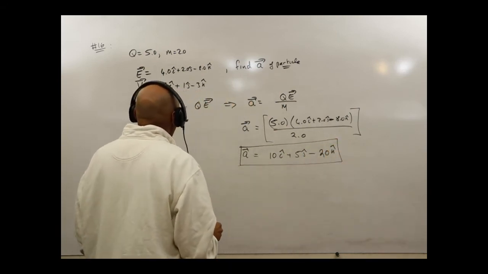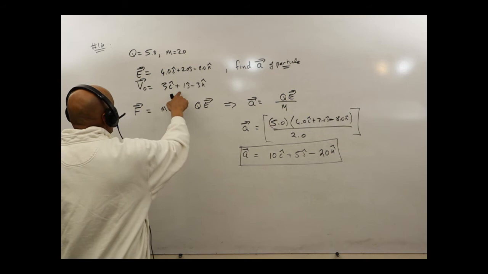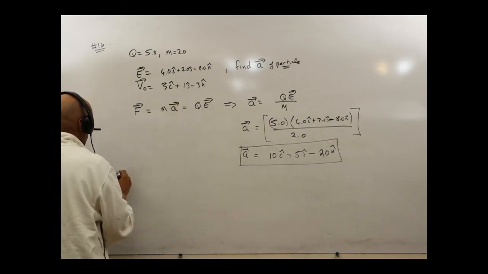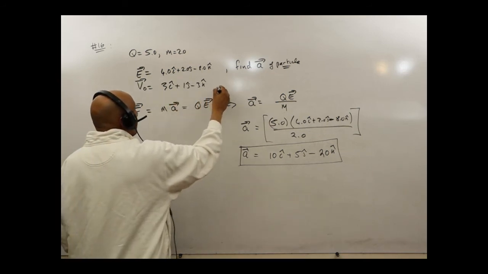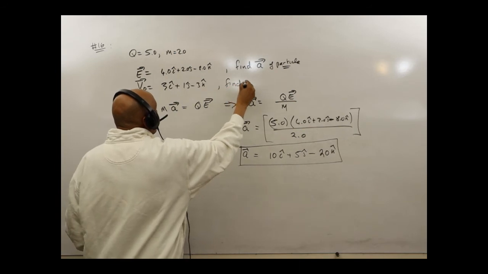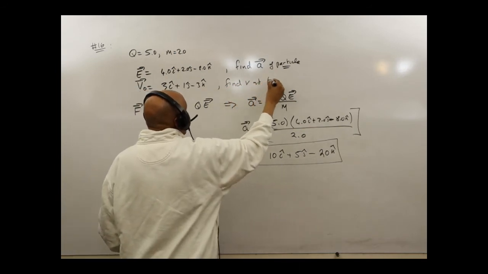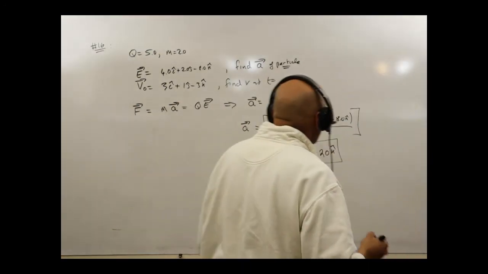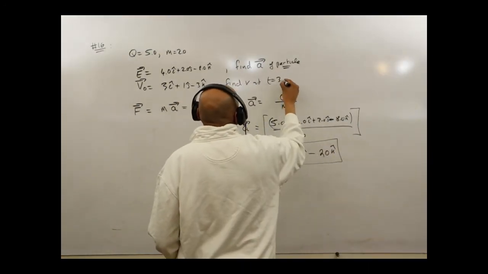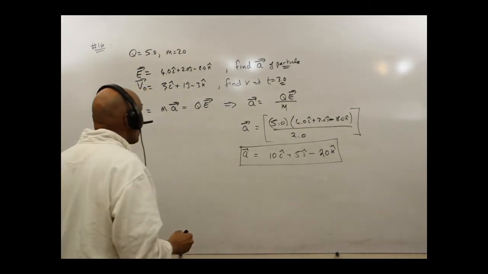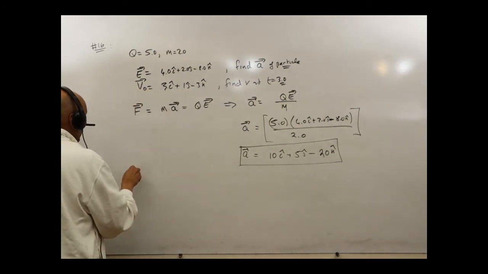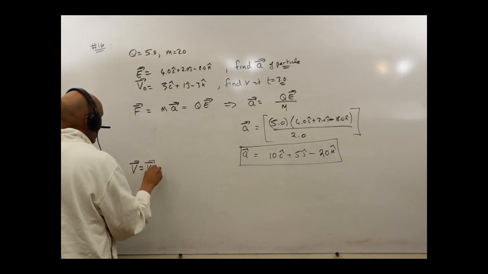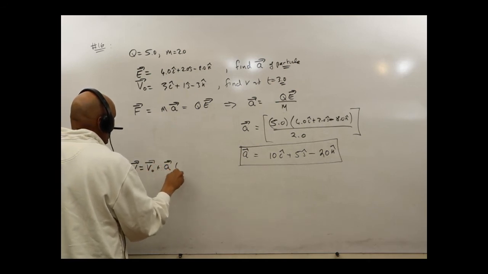We're also told the initial velocity is v0, and to find v at a time of 3.0 seconds. So what equation are we going to use? The velocity vector is the initial velocity vector plus the acceleration vector times time.